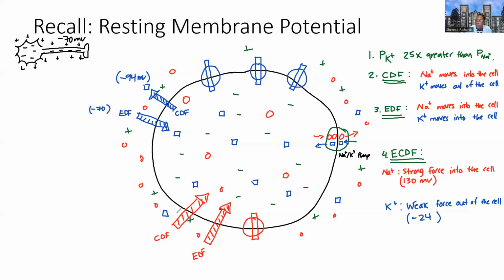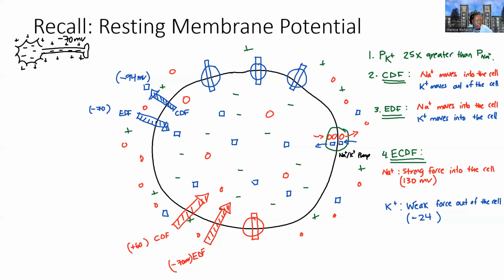And if we make note of the same for sodium, the electrical driving force, again, a reflection of the membrane potential. The chemical driving force is going to be +60 for sodium. And because they're in the same direction, we're going to combine those two numbers, and this is the strength of our movement for sodium. So basically combining the electrical and chemical forces, and that will give you the strength, or the ECDF, with which the ion wants to move.